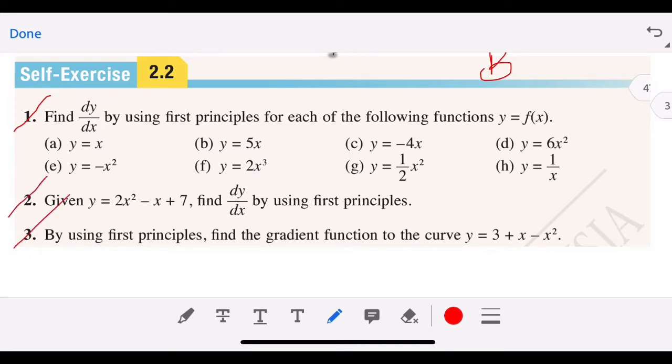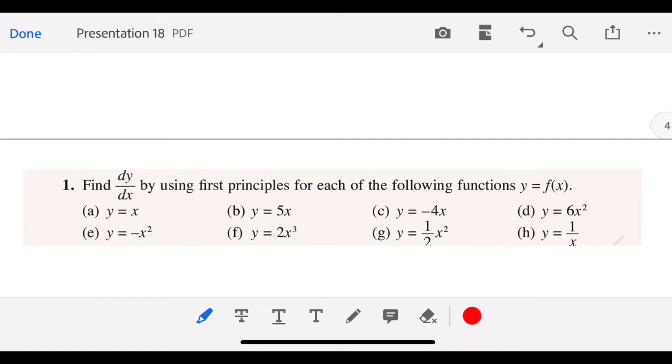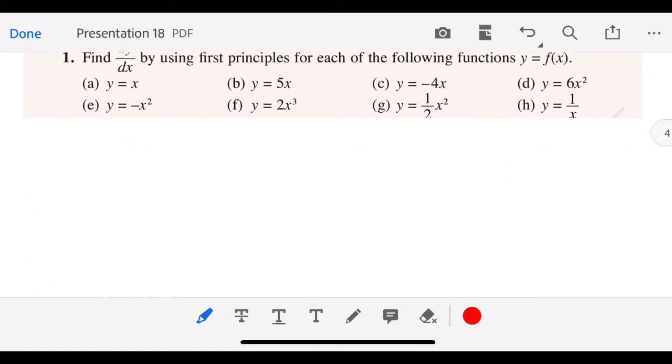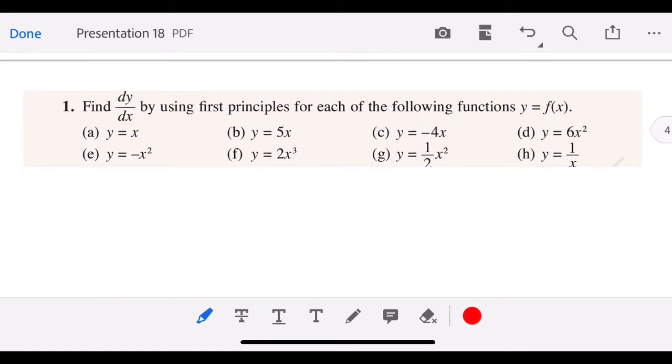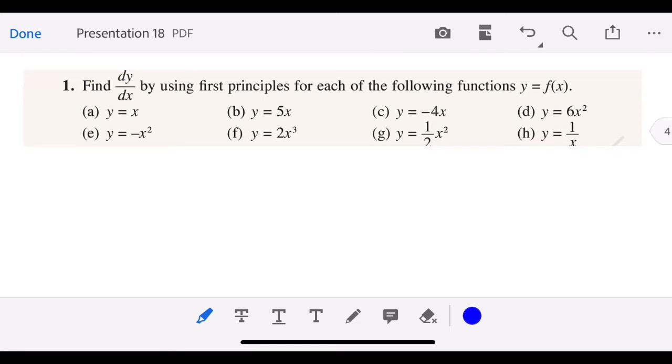So let's have a look at how to solve this type of question. I'm going to show you a few examples before you do your exercise book. Alright, so let's have a look at number 1A.